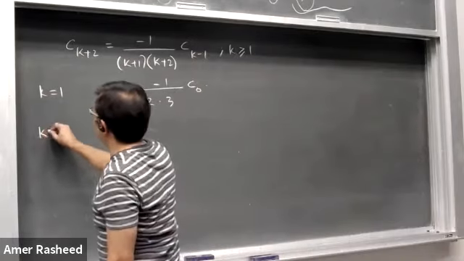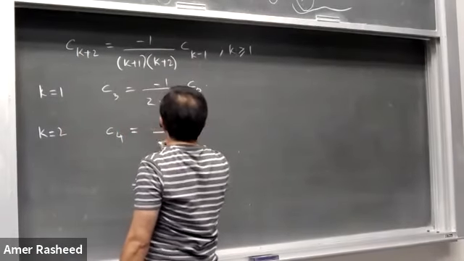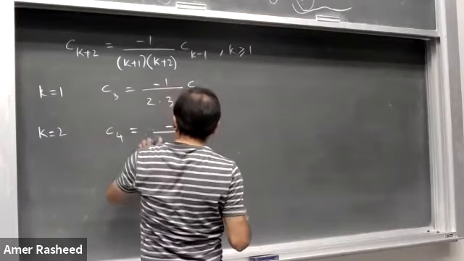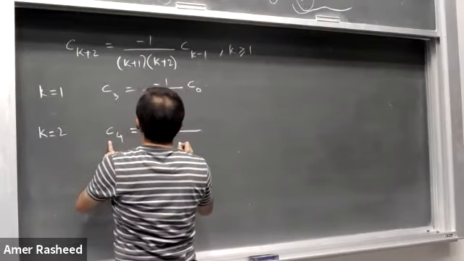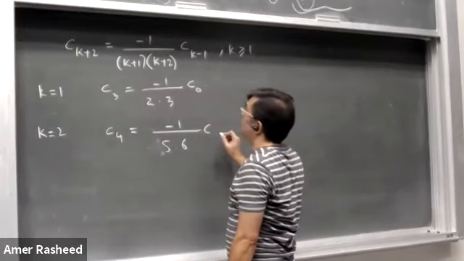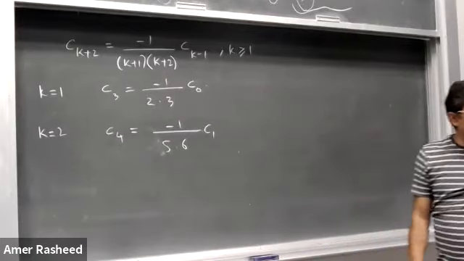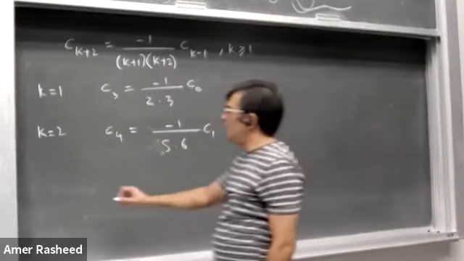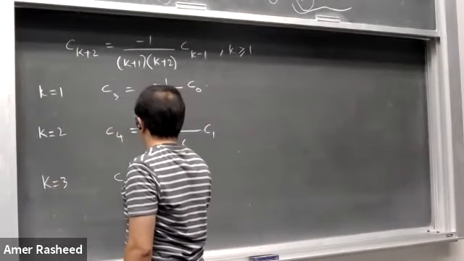When you put k equal to 2, what do we get? C4 is equal to -1 over 4, so here 5 times 6, and here C1 comes. When we put k equal to 3, what do we get?